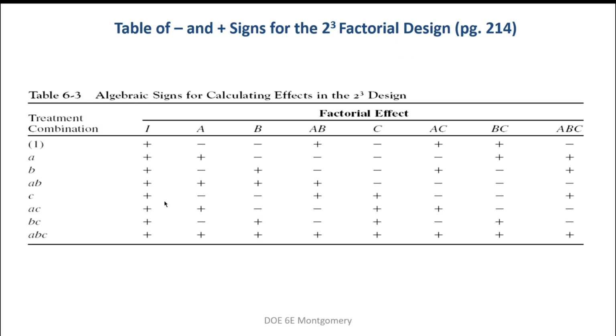Kasi ang kailangan natin is pagka positive si A, i-add natin. Pagka negative low setting si A, i-minus natin. So, pwedeng from the table of signs, since mayroon tayong minus and plus, pwede actually i-sum product na lang natin. Tama? Kasi try to think about it.